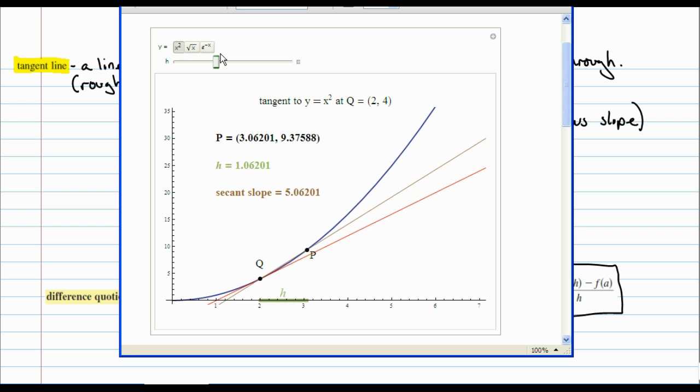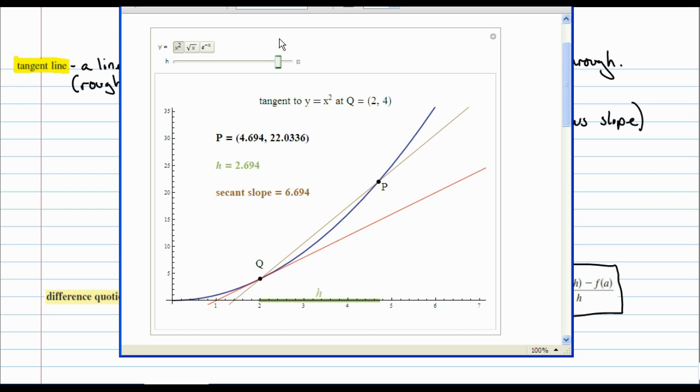What we did was we took our x value 2 and then 2 plus h and found the slope of that line, that secant line. We're bringing that h distance closer and closer and closer to 0. So as we get closer and closer to 0, that line turns into the tangent, right there, instantaneous slope.